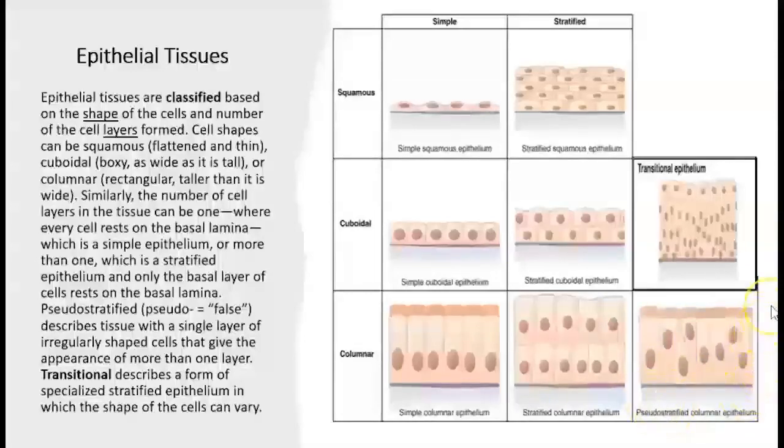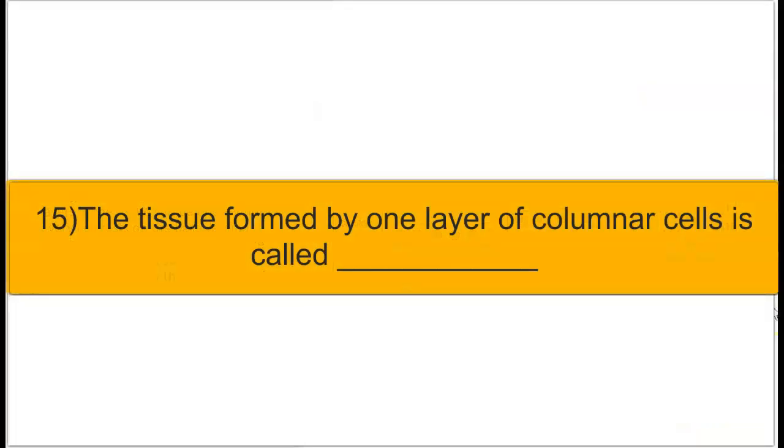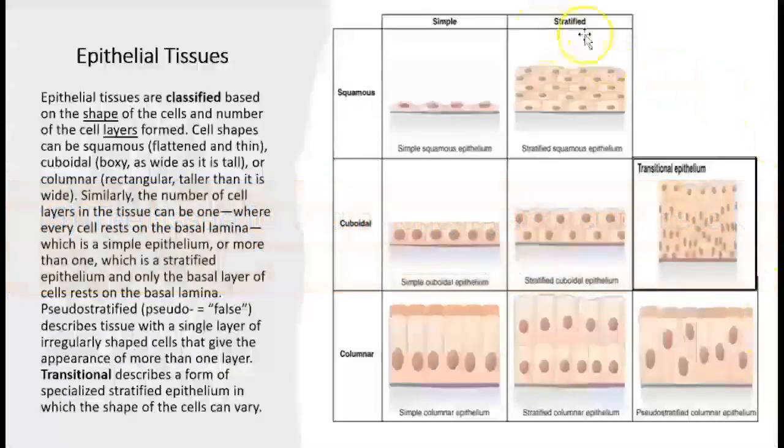Now we have finished with simple epithelium. Now let's take a look at stratified epithelium. You're going to have stratified squamous, that means flat cells, multiple layers. Stratified cuboidal, the cells look like cubes, multiple layers.